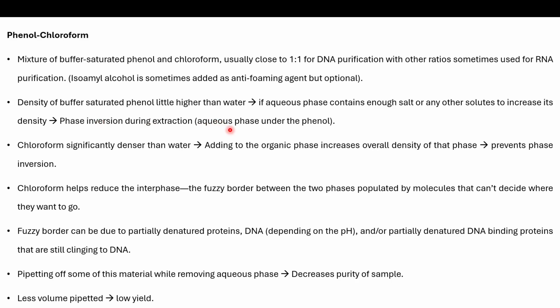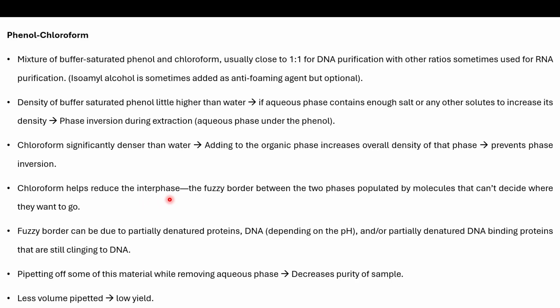To prevent this phase inversion, chloroform is added, which is significantly denser than water. Adding it to the organic phase, or phenol phase, increases the overall density of that phase, and prevents phase inversion. Chloroform addition also helps in reducing the interface.